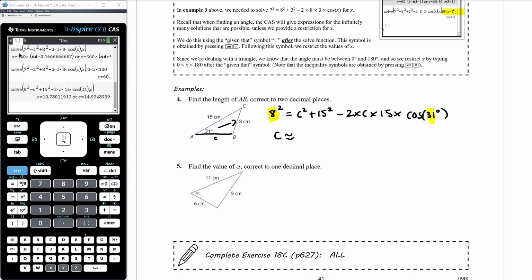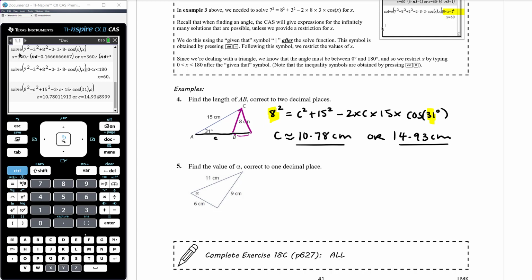And in fact we find that we have an ambiguous case again. So c could either be 10.78, 2 decimal places, yep, 10.78 centimetres, or it could be 14.93 centimetres. Okay, so again, there's 2 possibilities, and that's because the sine rule would tell us that we could swing that length around there and create 2 separate triangles.